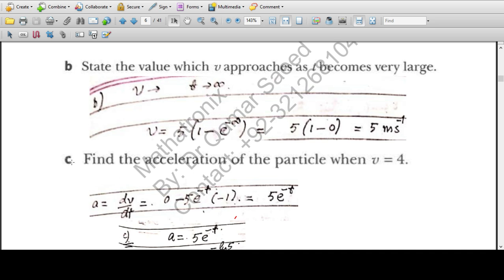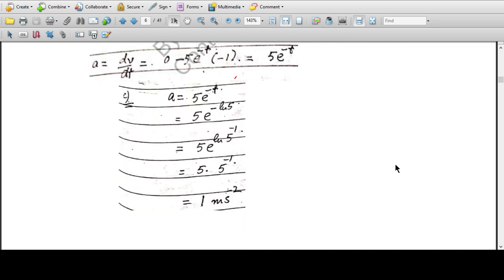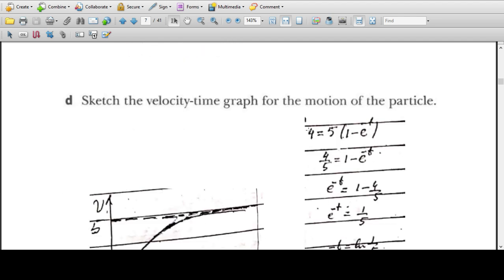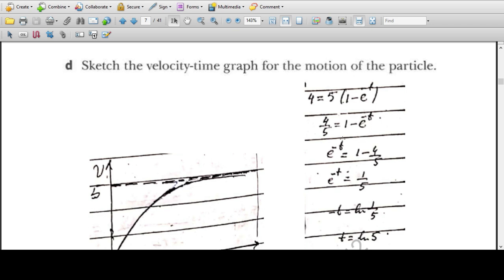In part C, find the acceleration of the particle when v = 4. So when v = 4, in place of velocity we place this value 4 = 5(1 − e^(−t)). We have to find the value of t, so we modify it accordingly: e^(−t) = 1 − 4/5 = 1/5.